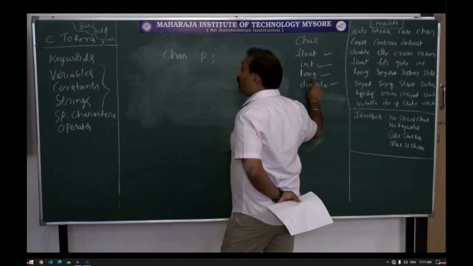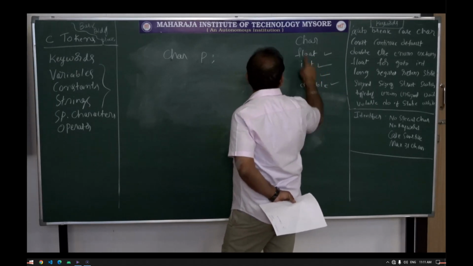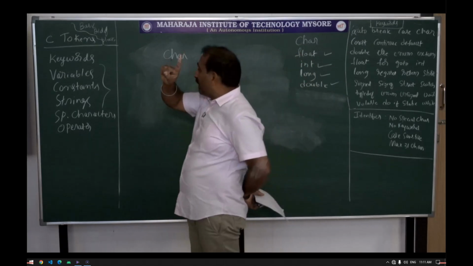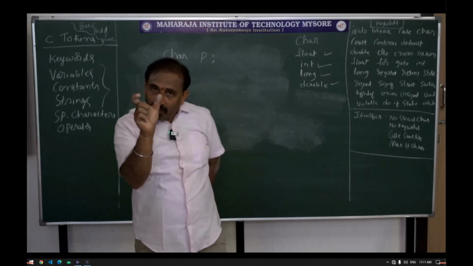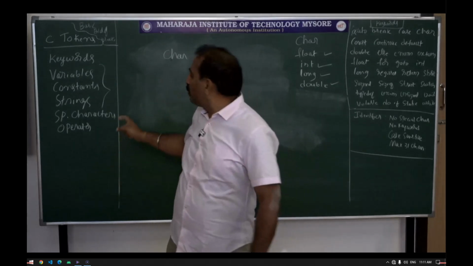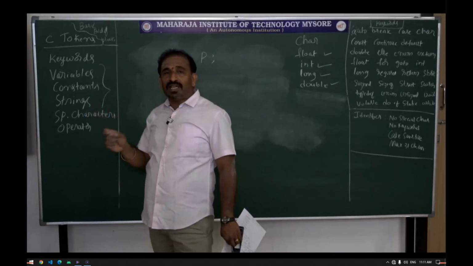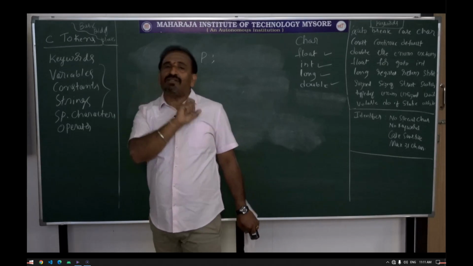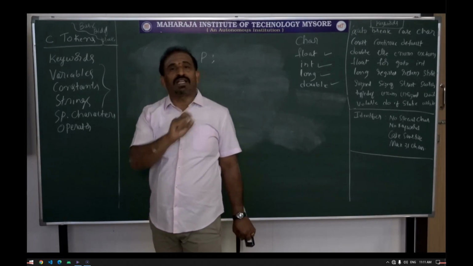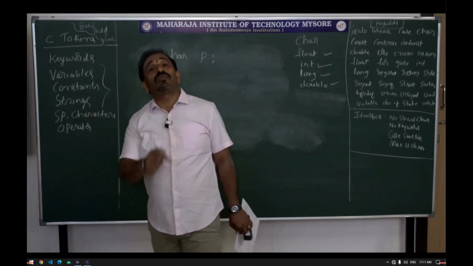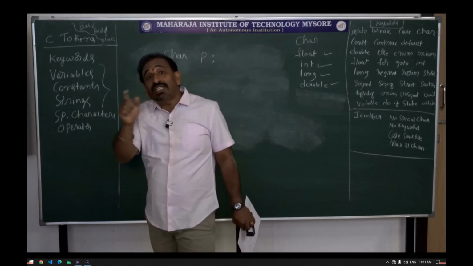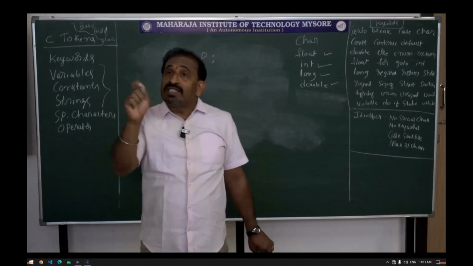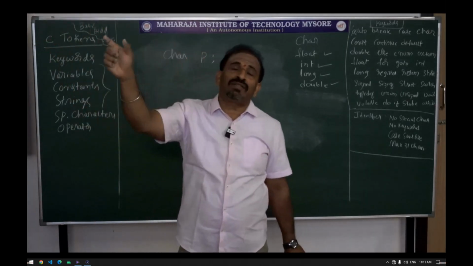Int is associated with long, float is associated with double, character means single character. Now if you would like to have more than one character in one group, then you should go for strings. Strings are an association of characters. We will be seeing this in the form of arrays. Strings are basically represented by using an array, a set of characters.